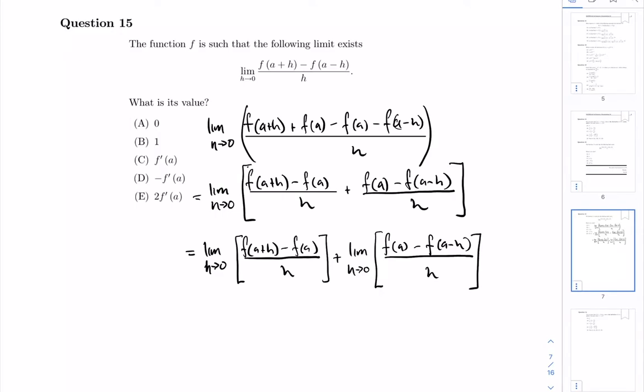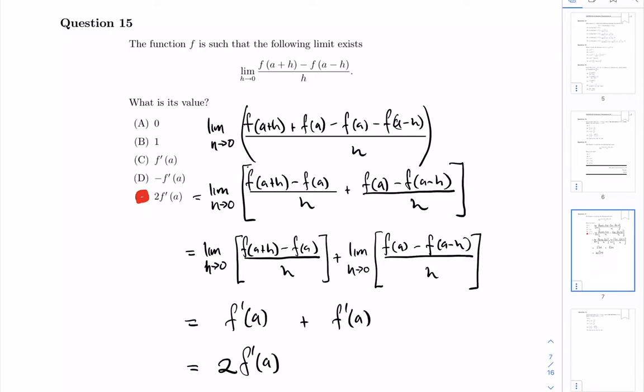Everyone can recognize the first limit as the derivative evaluated at a, but only by observing closely can we recognize that the second expression is also the derivative of f evaluated at x equals a. Therefore our answer becomes 2 times the derivative at x equals a, so our answer is E.